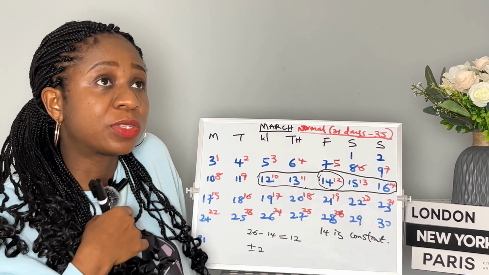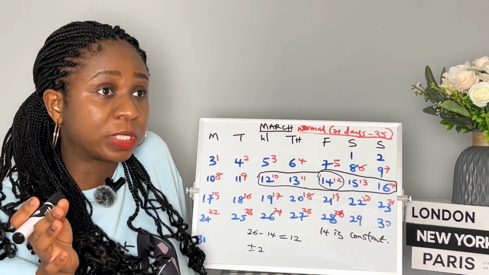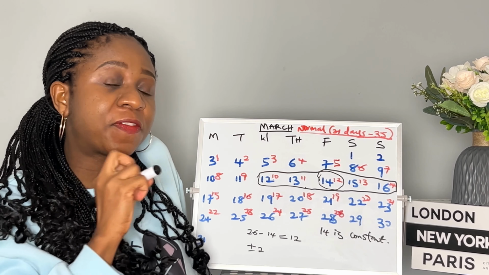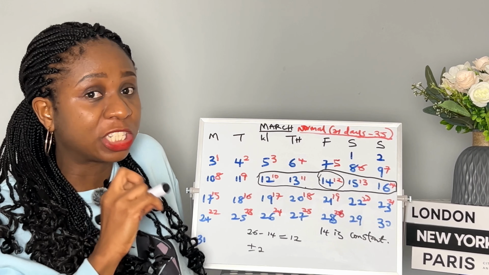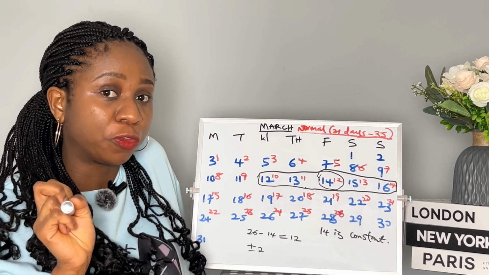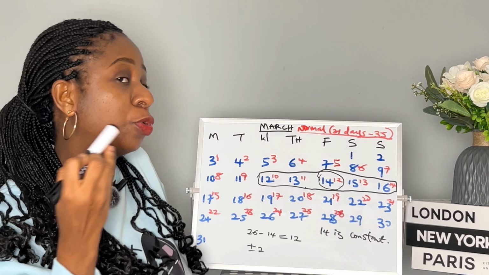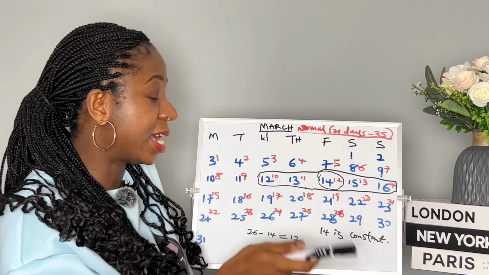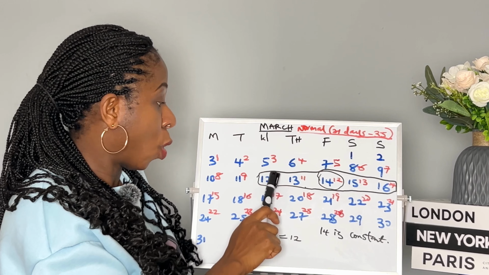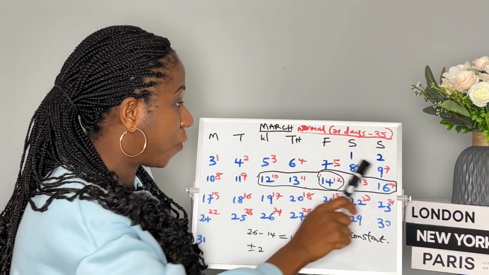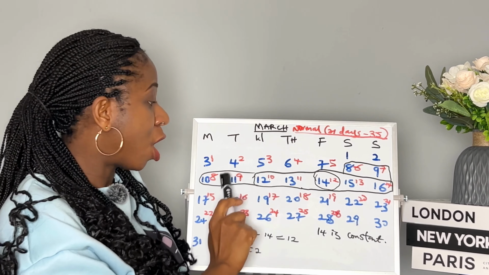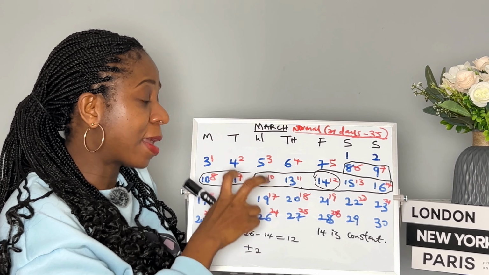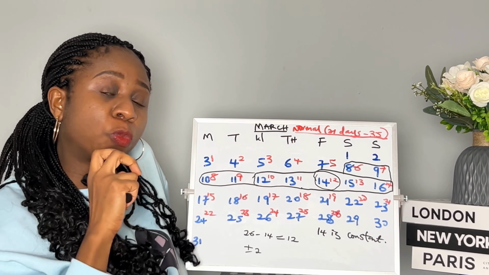Since the spermatozoa could stay in the female reproductive tract for up to 5 days, we'll just add 5 to the earliest date this lady could possibly ovulate. So the earliest date which she could possibly ovulate is day 10. So adding 5 to day 10, it's basically going to be 1, 2, 3, 4, 5. So all of these dates circled are this lady's fertile window.